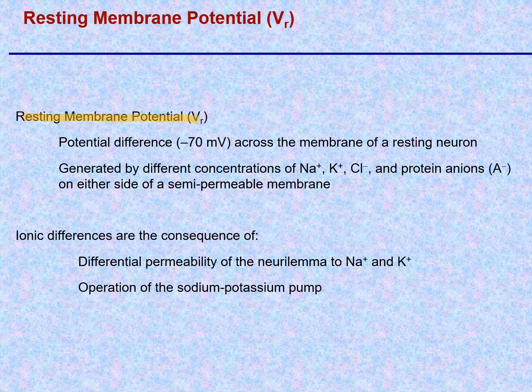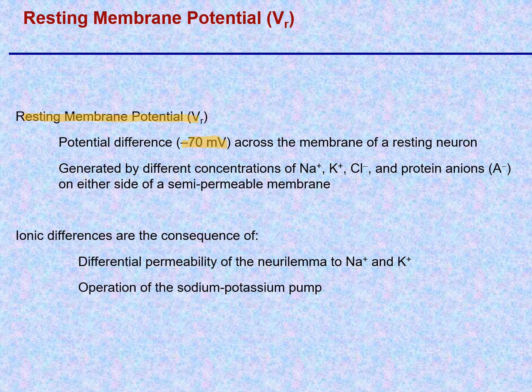A typical resting membrane potential would be about minus 70 millivolts across the membrane. I point out that depending upon the source, it's not necessarily exactly minus 70 millivolts, but there's a range around that, and you'll see different numbers in other sources, but that's the resting membrane potential.